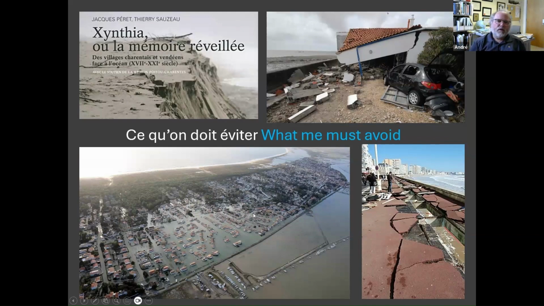But what has happened is they've had the same movement, folks who have moved to the coastline for non-functional reasons, and development took place between the end of the 1950s and 2010. There were very few storms. Those were relatively calm years, geologically speaking, so folks were quite confident in settling down in these areas.